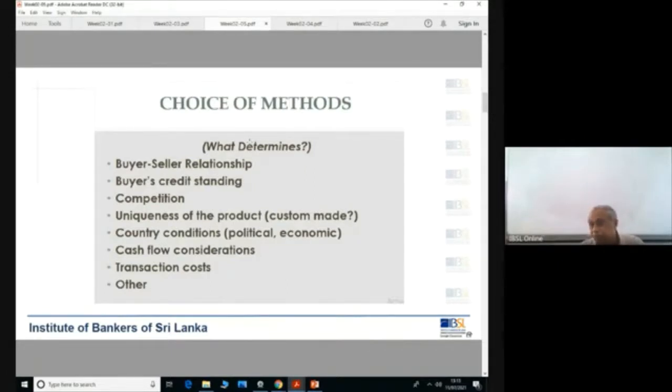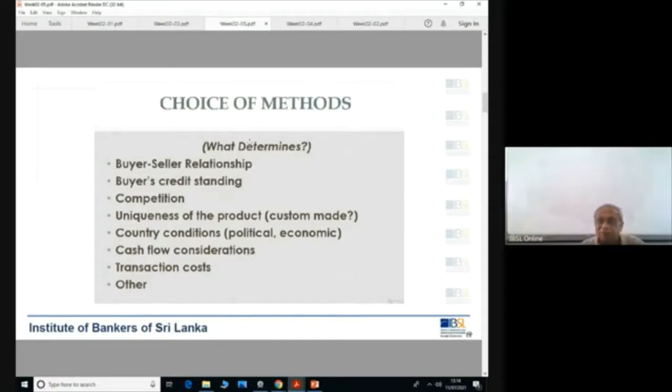If the buyer's credit standing is not good, then they will not go for open account, because open account means once they send the goods, the buyer will send the money. But if the credit standing is not good, there will be a delay, or the buyer may not send the money at all. So based on that, they have to choose the best method. Then competition.